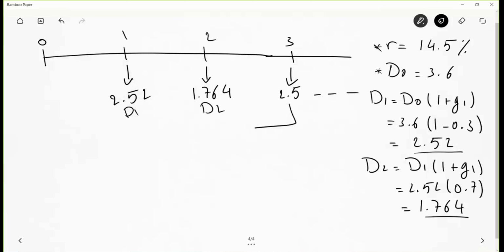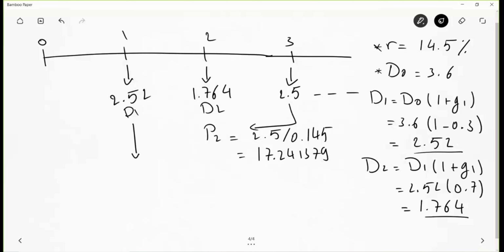So now I can compute the price P2, which is 2.5 divided by 0.145. I have 17.241379. This is the price P2.